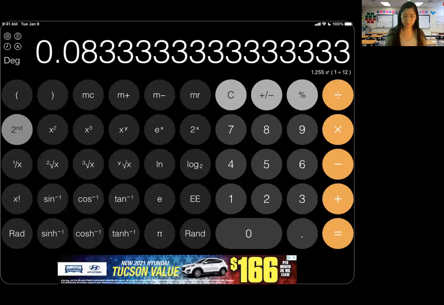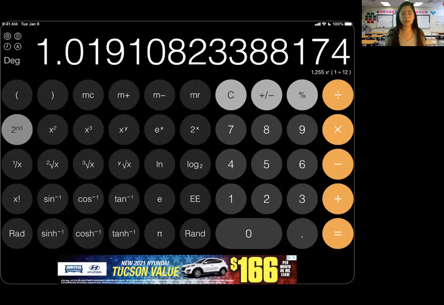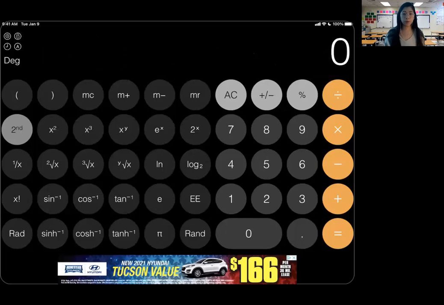And here's my answer, 1.019. So I'm going to do that one more time so everybody can see what I did. Remember, I'm doing 1.255 to the power of 1/12. So it's 1.255, use my power button, to the power of.